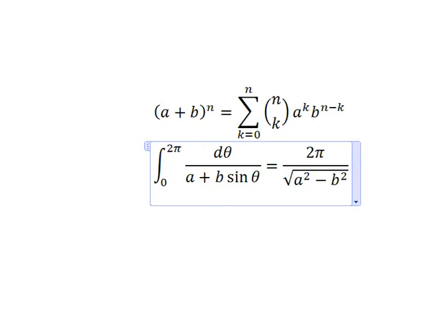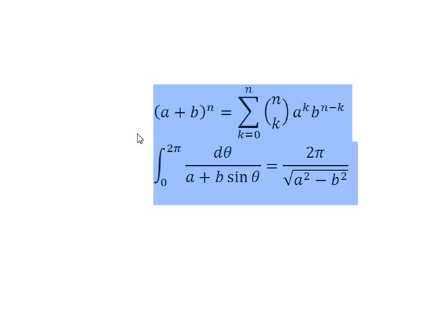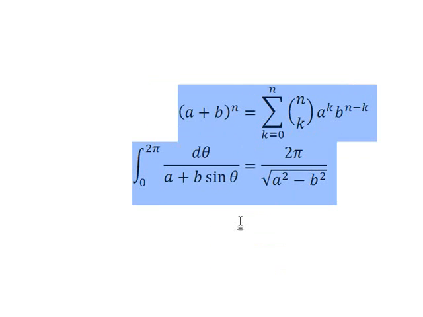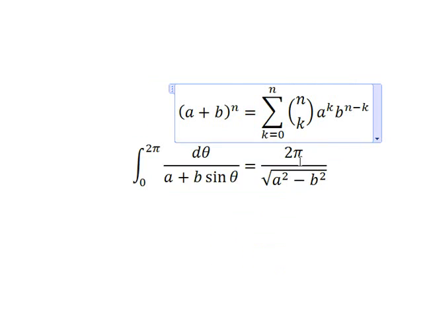Now we can use our handy-dandy mouse to select these two, and I can do a right mouse click to get a context menu, and one of the options is align at equal. I select that, and sure enough, I now get the equal signs all nicely aligned.